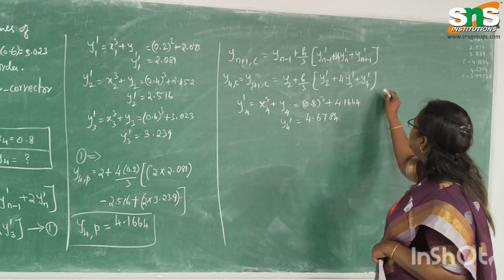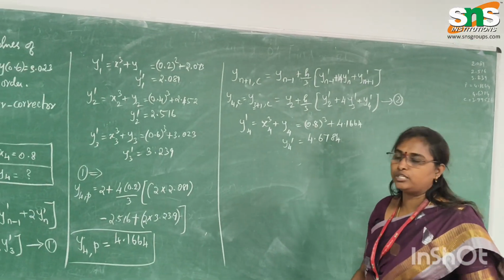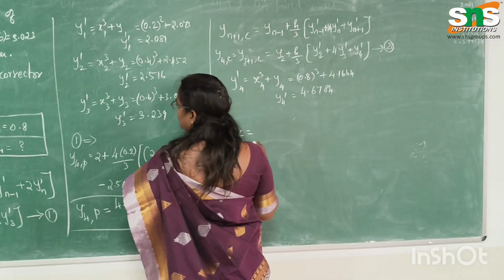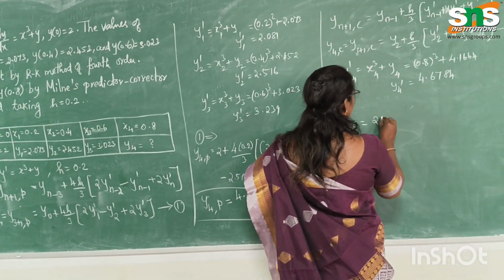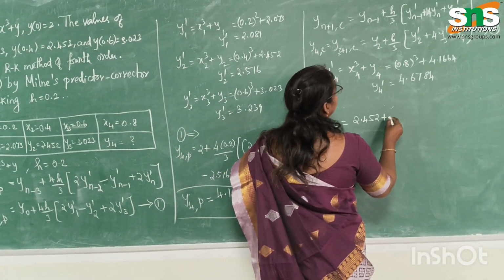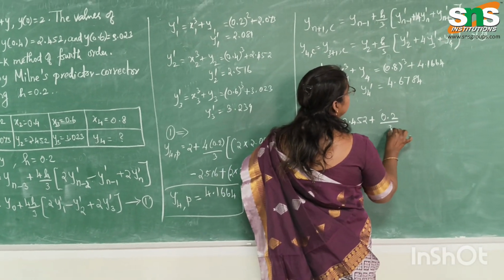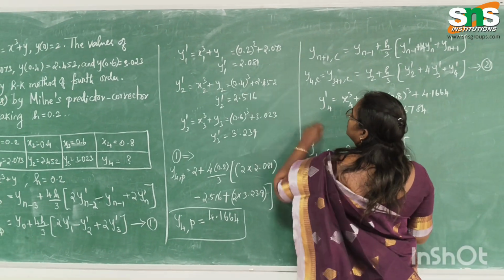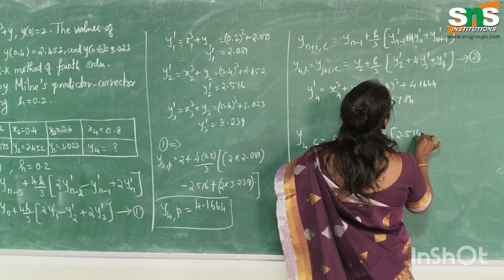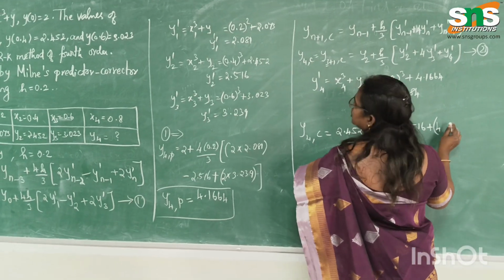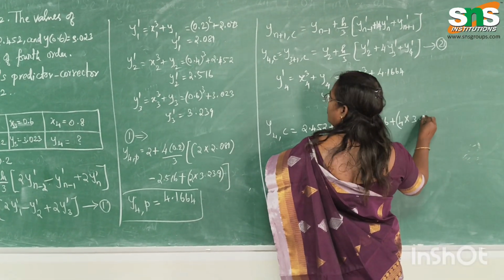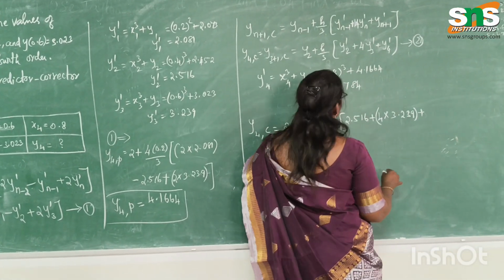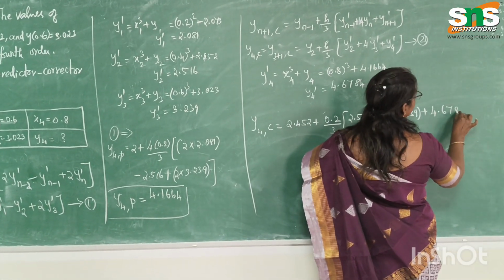Now we can replace in equation number 2, that is the corrector formula. So y4 comma c is equal to, our y2 value is 2.452 plus h value 0.2 divided by 3 in bracket. y2 dash is, get it from here, 2.516, plus 4 times y3 dash, that is 4 into 3.239, plus y4 dash, which is 4.6784.